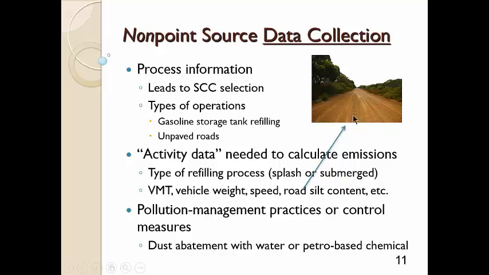What about the silt content of the road? Obviously, if it's rock, it's not going to kick up as much dust as it is in Alabama on a mud flat where it's dry. And then, are there any pollution management practices? Sometimes people spray all sorts of stuff on roads.